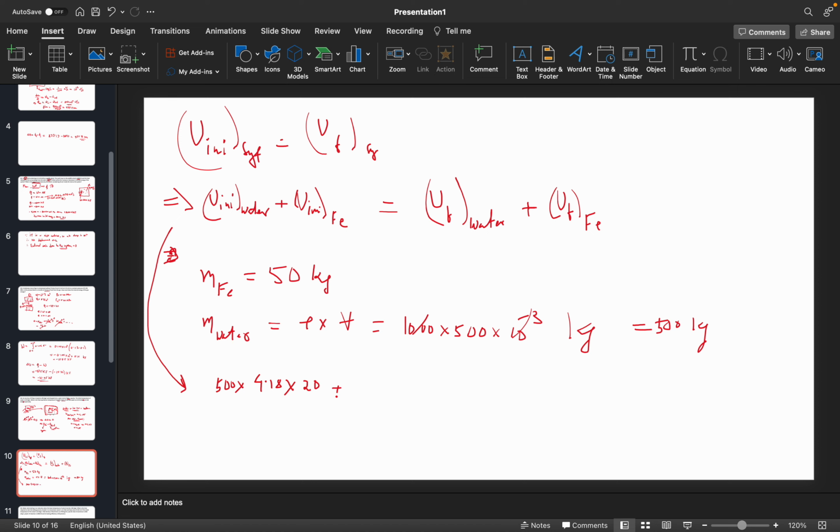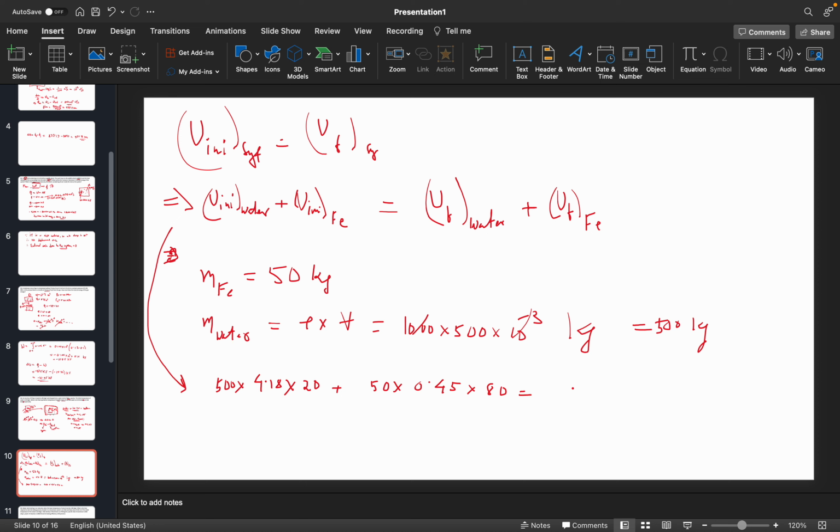And what is the mass of iron? 50 into the specific heat of iron, given as 0.45, and the initial temperature of iron was given as 80.